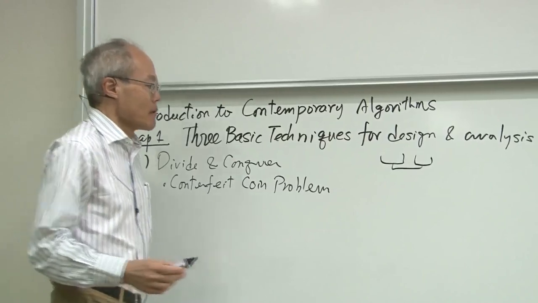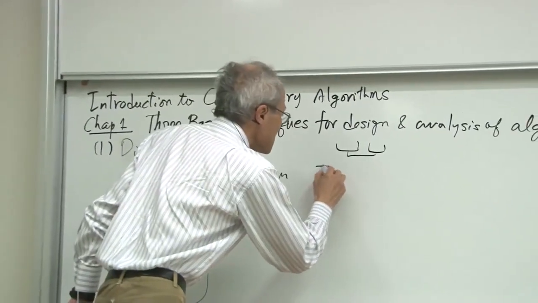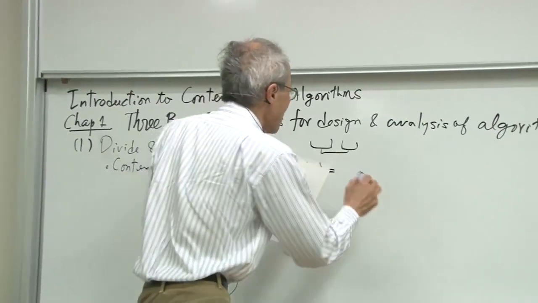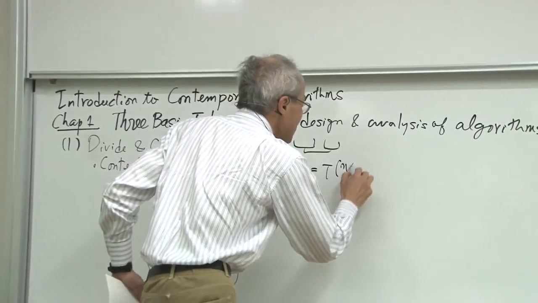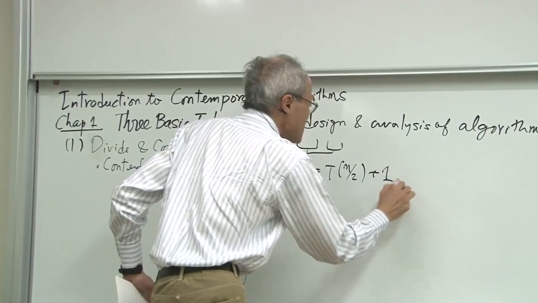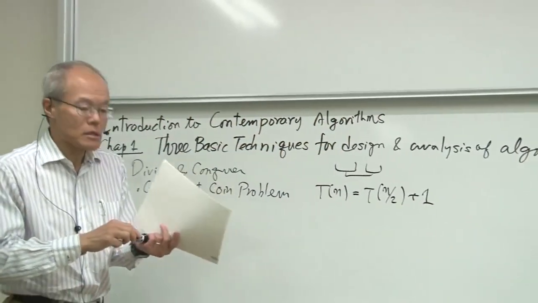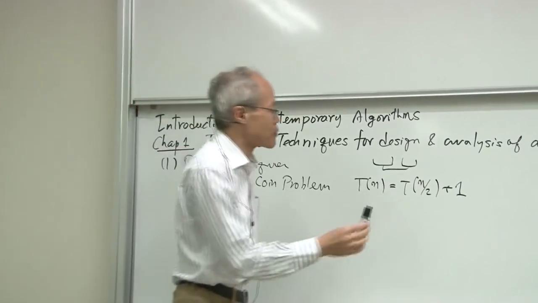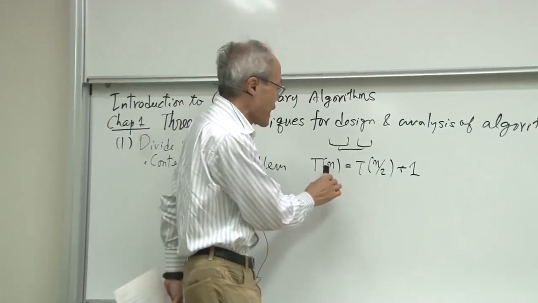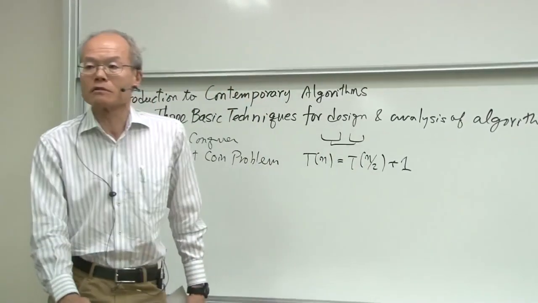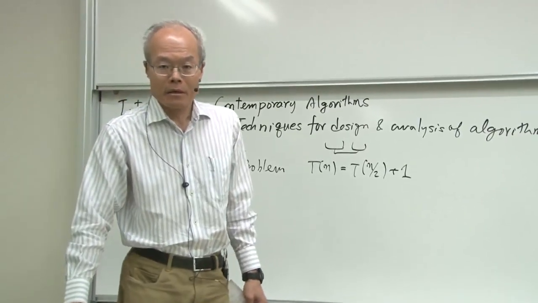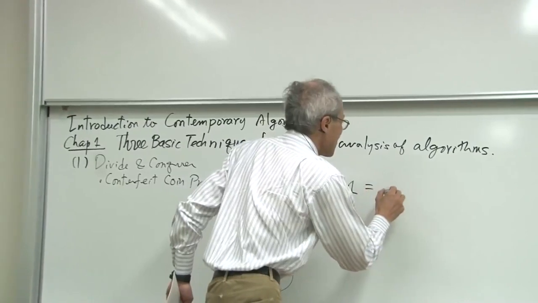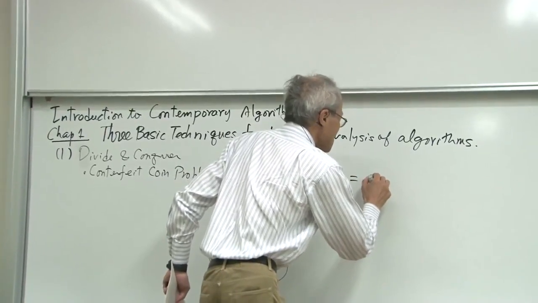The complexity equation is T of n equals T of n over 2 plus 1, meaning by using the balance scale just once, we can reduce the problem size from n to n over 2, just 1/2. So that means this complexity is equal to log n.